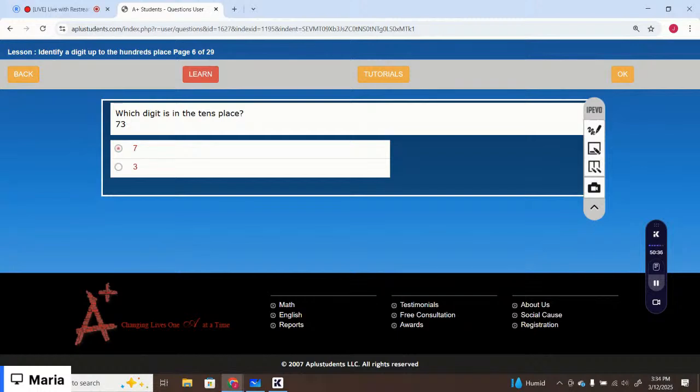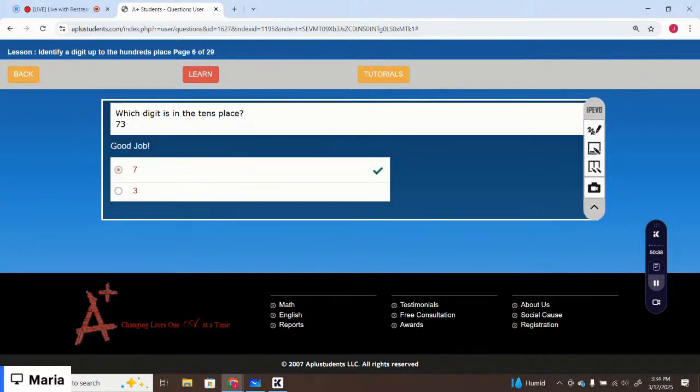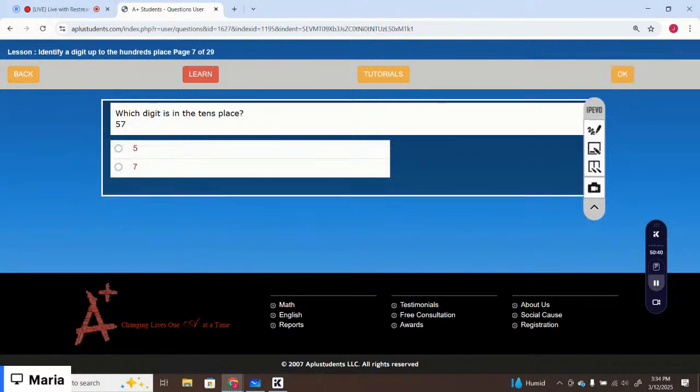That is seven. Option number one is the correct option. Which digit is in the tens place? That is five. Five is at the tens place. Option number one is the correct option.